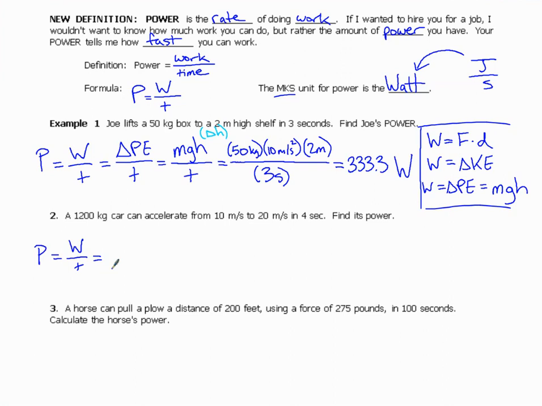A few ways that we could figure out force, but we're going to use change in kinetic energy for this one, because basically horizontally, that's a push, that's changing the kinetic energy, not the potential. We could figure out the force. It would take longer. It's just faster to use kinetic energy. Change in kinetic energy over time.